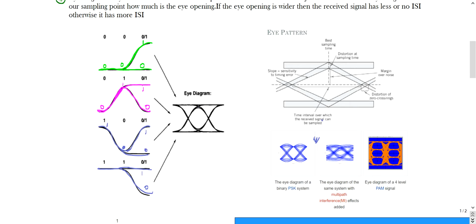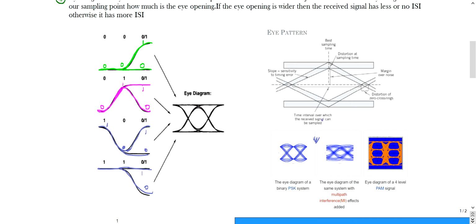The received signal can be sampled in this region. See, some people will sample at this point, some people will sample at this point, some people here. So only in this region can you sample the received signal. So this is the region in which you can do the sampling of the received signal.